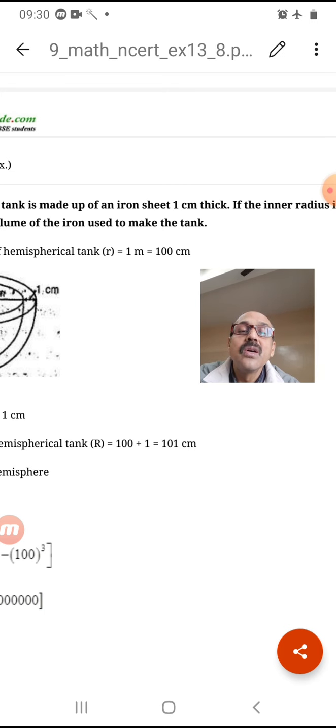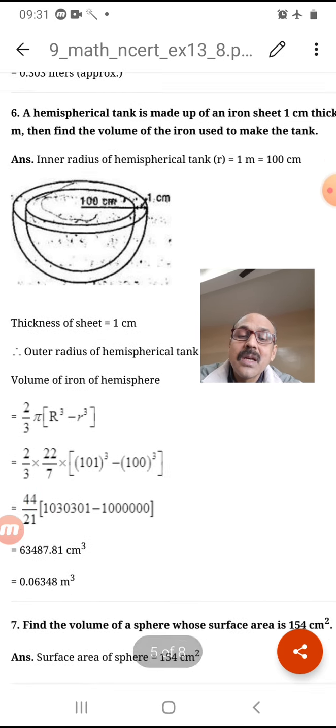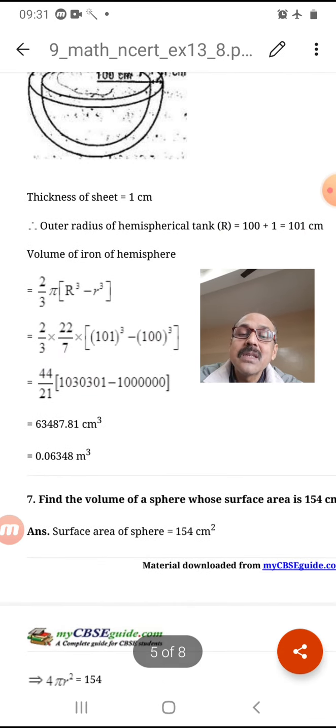So the thickness is given, so the inner radius plus the thickness is the outer radius, 100 plus 1, that is 101 centimeter. So the answer is 0.06348 meter cube.